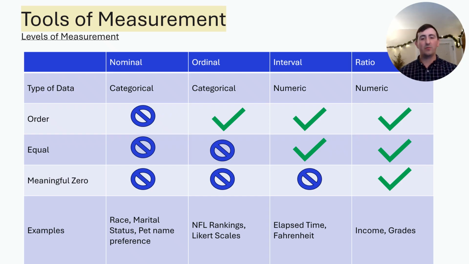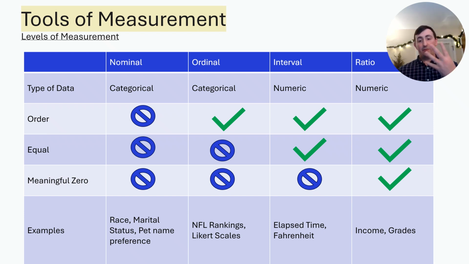But ratio is everyone's favorite because with that meaningful zero, that statistical strength, most statistical equations really like having that dead zero, because then it can flesh out other mathematical things you don't need to know about right now. What this looks like is income, right? Someone can have absolutely no income, and other things like that can have absolutely zero statuses. That makes it ratio data.